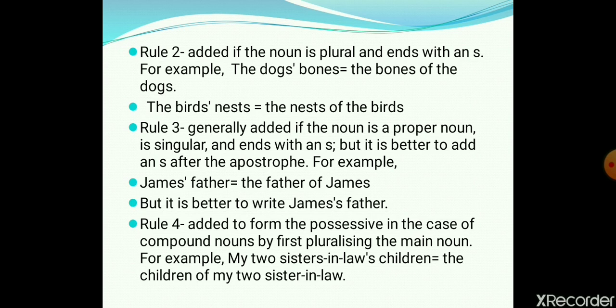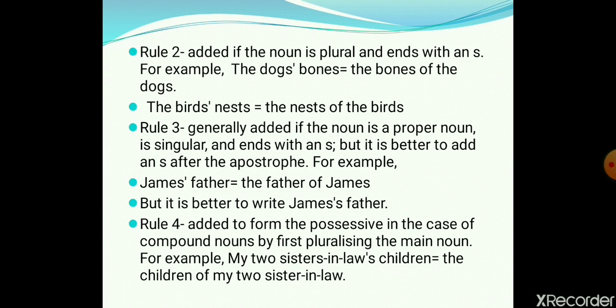Now let's talk about rule 4. Rule 4 says that an apostrophe is added to form the possessive in the case of compound nouns by first pluralizing the main noun. For example, my two sisters-in-law's children. The children of my two sisters-in-law. What I want to convey is the children of my two sisters-in-law.